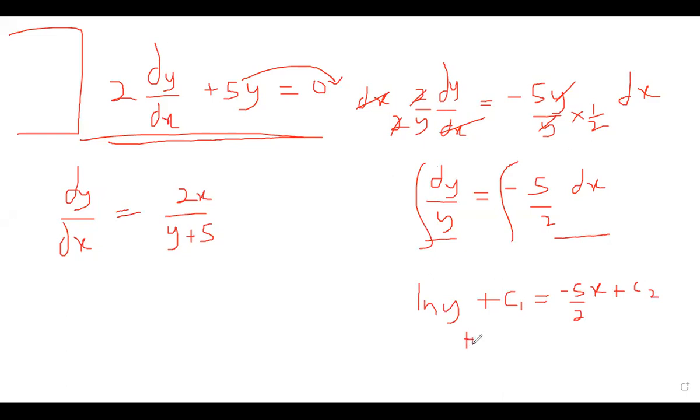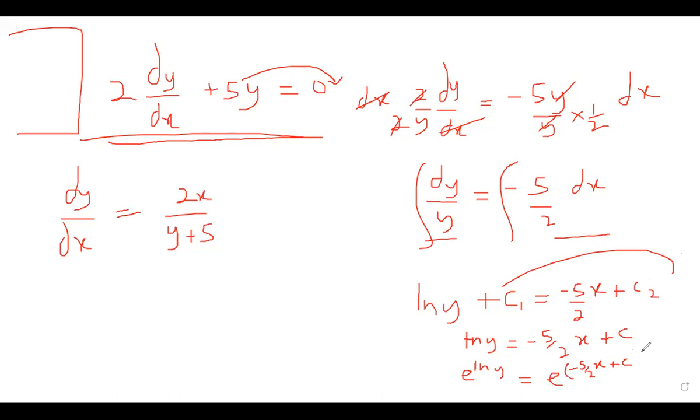So making y the subject, we have ln y is equal to negative 5 over 2x plus, of course, when this goes there, subtract from c2, we still get a constant c. Then the next thing is you find the exponent of both sides. This should be ln of y is equal to what? E raised to the power minus 5 over 2 x plus c.